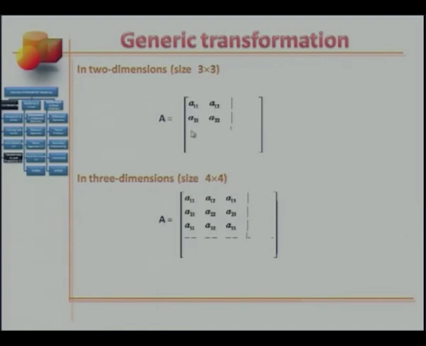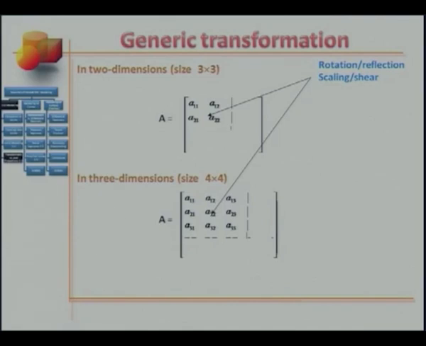The top left submatrix is of size 2 by 2 in case of two-dimensional transformations, and for 3 dimensions, this top left submatrix is of size 3 by 3. These submatrices contain entries pertaining to rotation, reflection, scaling, or shear transformations.